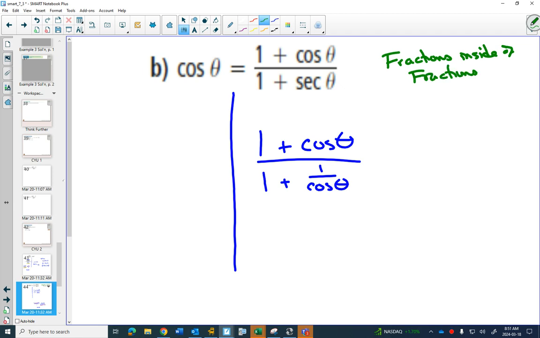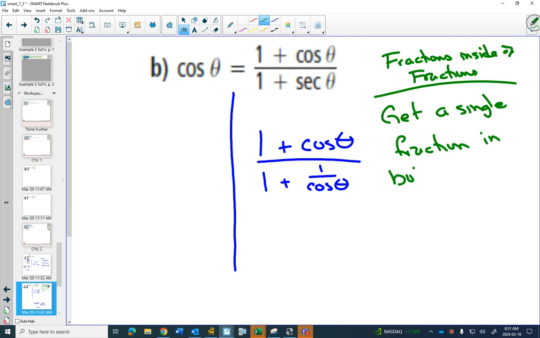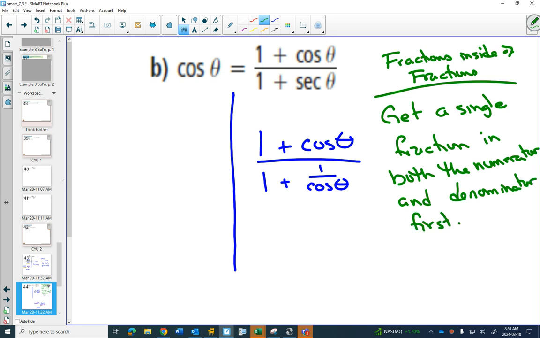If you have fractions inside of a fraction, what do we need to do? Get a single fraction in both our numerator and denominator first.